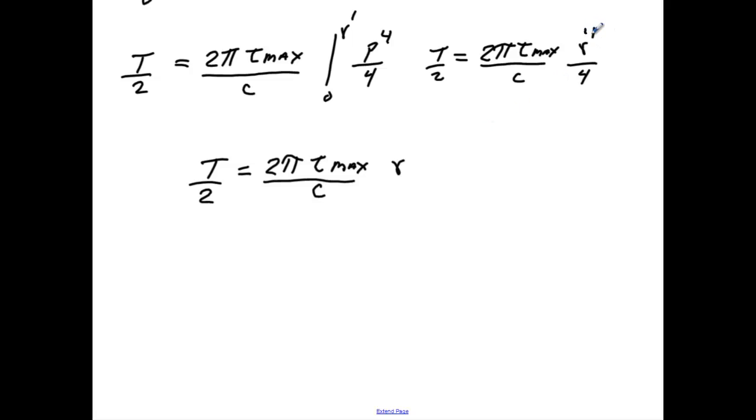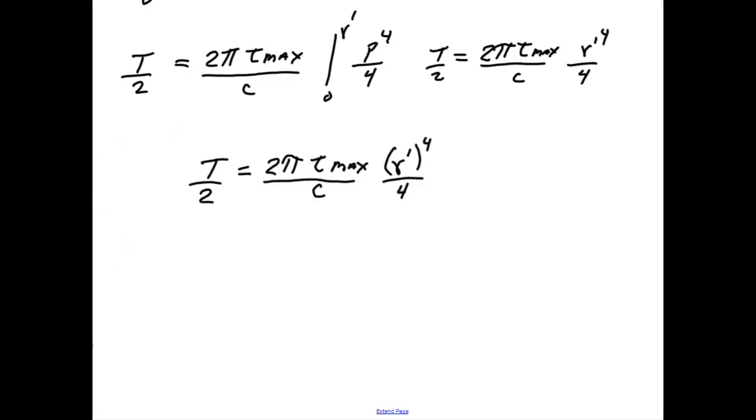I need to fix that. Sorry, I need r to the 4th. I just missed that here. It's r prime to the 4th power over 4. And we're almost there. There's only one other thing we need to do.